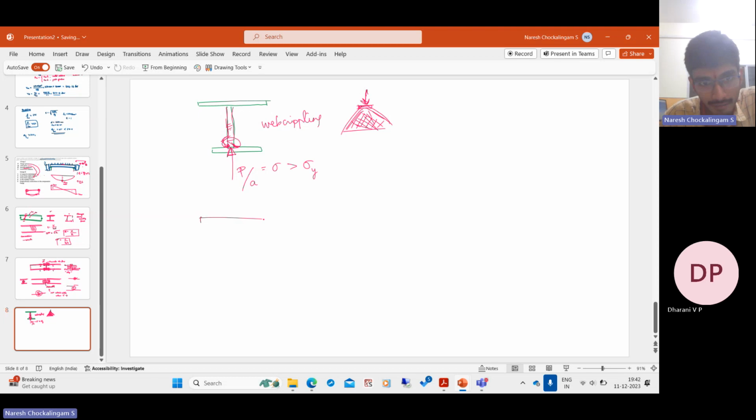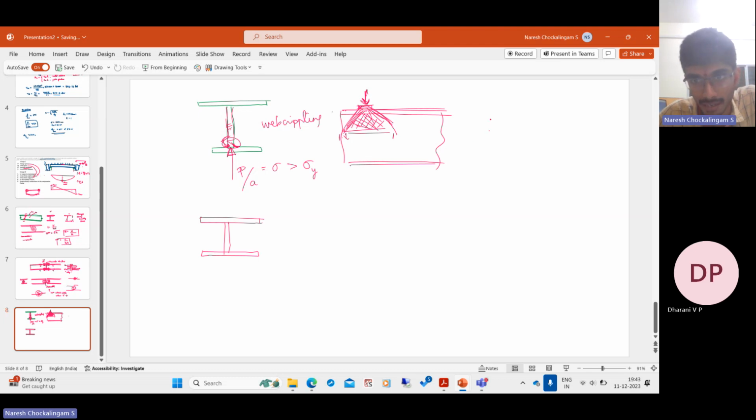Alternatively, you apply a concentrated force, and that will get distributed. Eventually it will get distributed, but still it will not distribute throughout the beam. So this is the side view of the beam, and there will be a region of the web which is subjected to compressive forces.